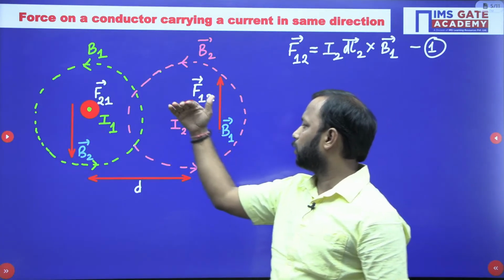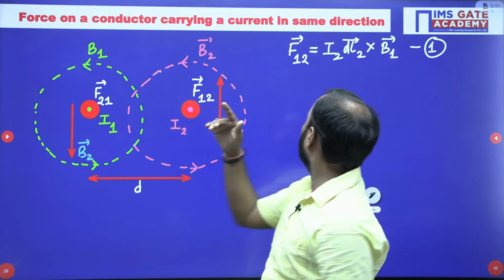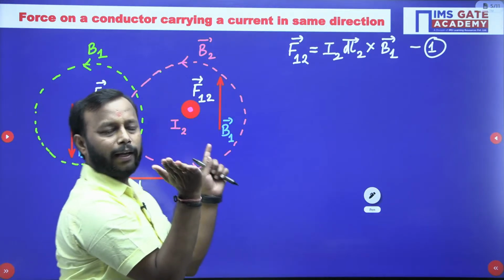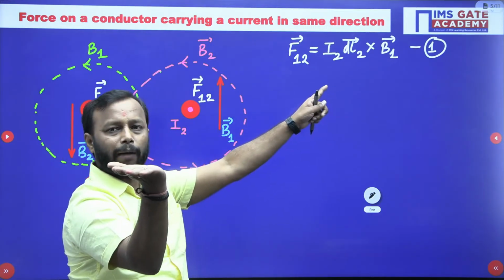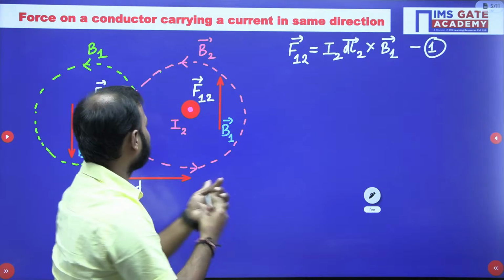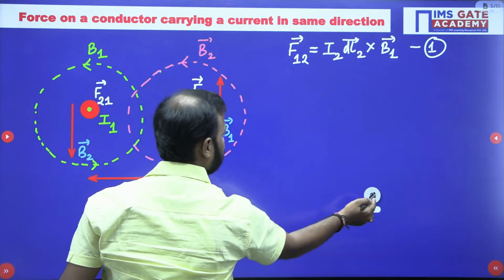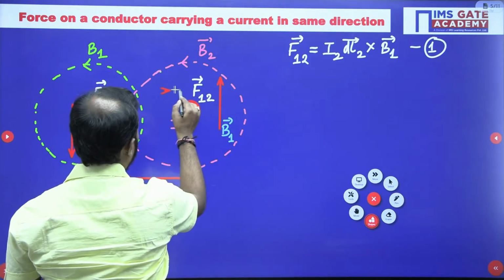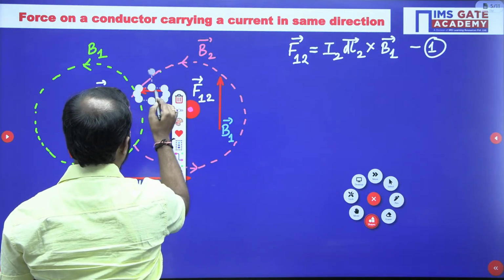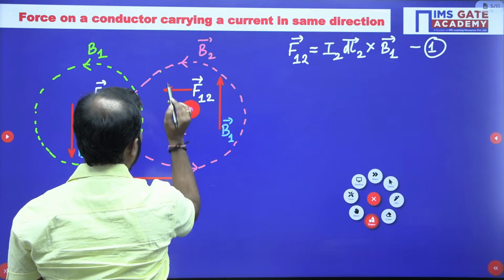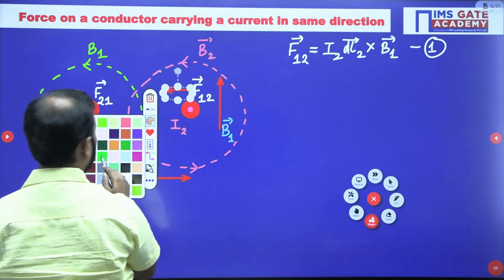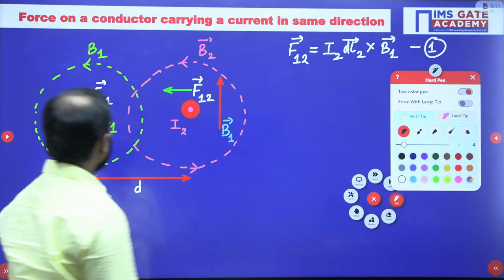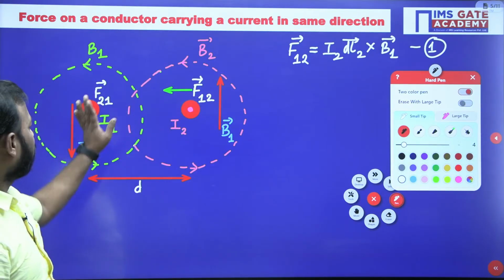And B1 is upward. So, कैसे होगा? I2 dL2 is towards you and B1 is upward. So, the force is towards the left hand side. And similarly, F21 कैसे होगा?